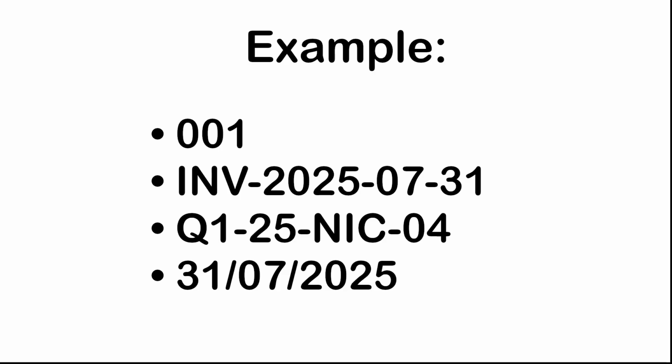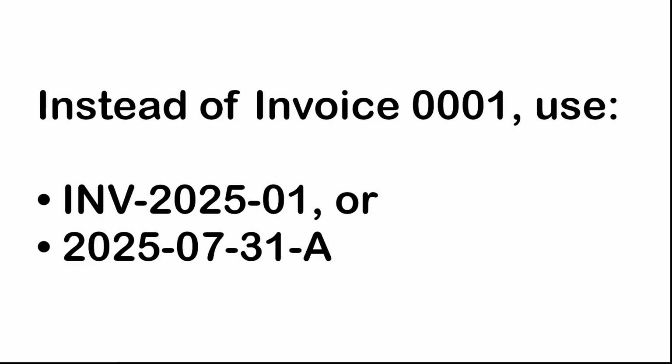For new businesses, using date-based invoice IDs avoids the impression of being new or having few customers. Example, instead of invoice 0001, use INV 2025-01 or 2025-07-31-A. It appears professional and avoids signaling that your business has just started operating.